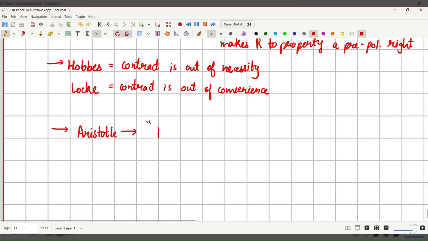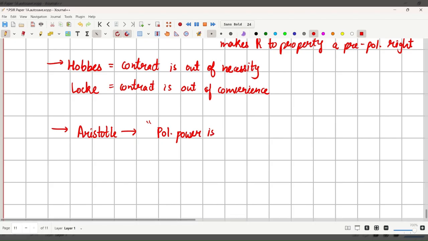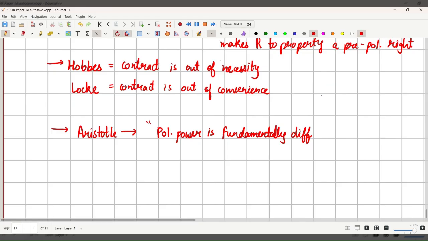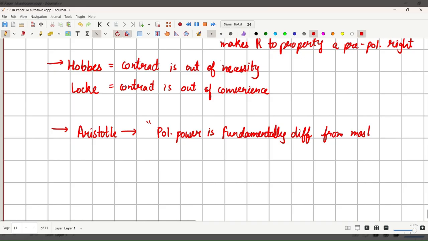So political power is fundamentally different from masterly authority.